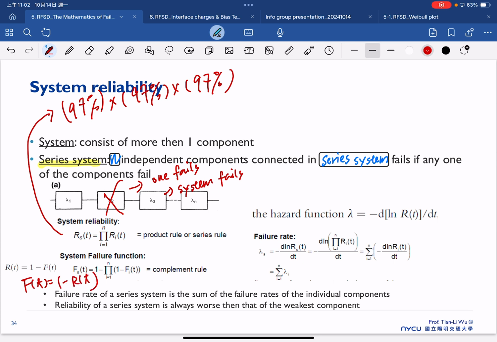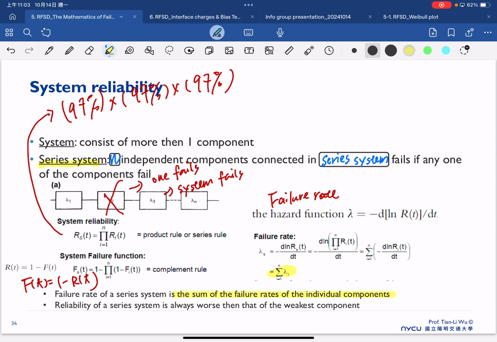And we can also calculate the hazard function, which is the failure rate, which in the end becomes the summation of the failure rates of the individual components. So the failure rate of a series system is the sum of the failure rates of the individual components. So again, the conclusion is very simple.